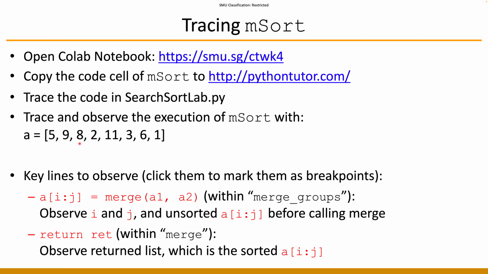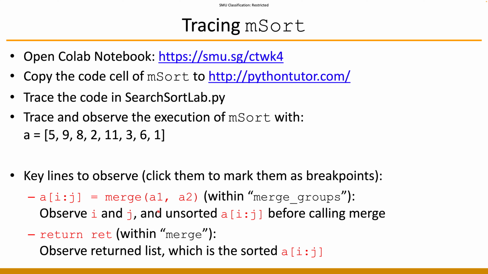And here are a couple of key spots you should pay attention to. How the merge function works, right? You try to observe the progression of both I and J, and then you see how the original range of A[I..J] gets overwritten by the merged result, which should be sorted.